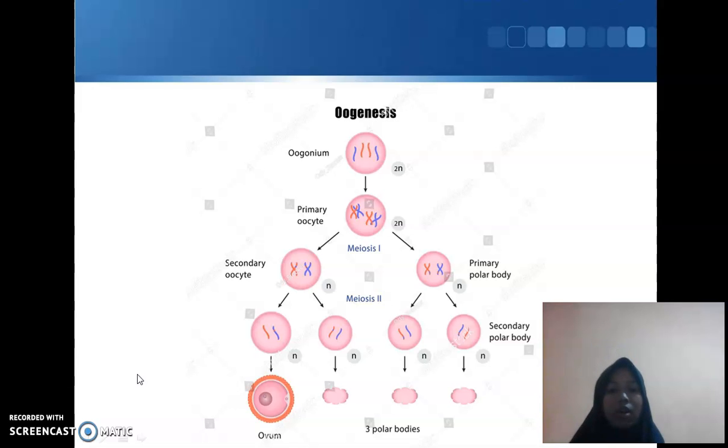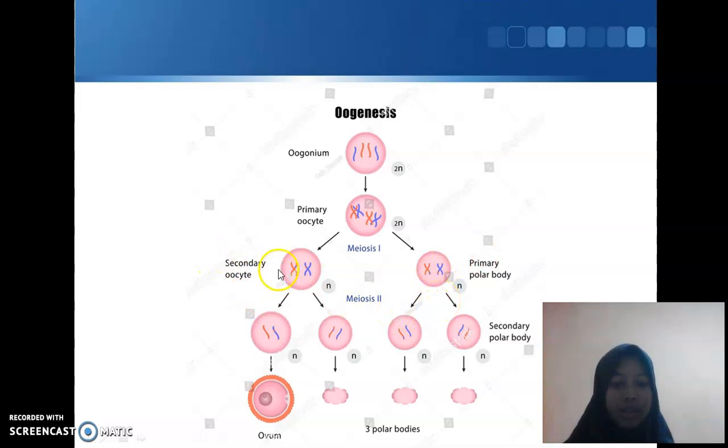This is a picture of the process of oogenesis. Here, meiosis 1. After puberty, the primary oocyte completes meiosis 1, which produces a secondary oocyte and a first polar body that may or may not divide again.